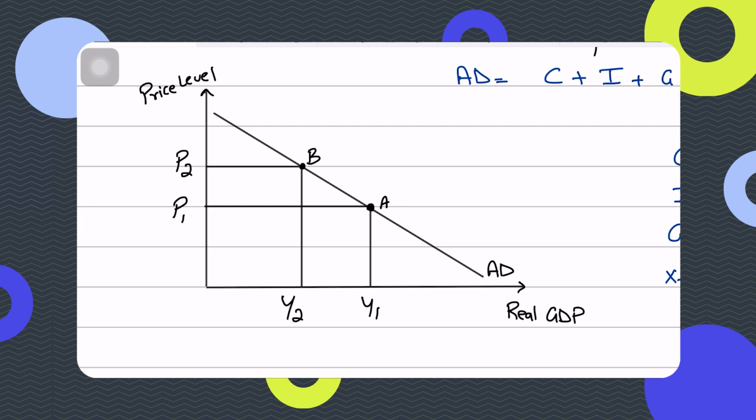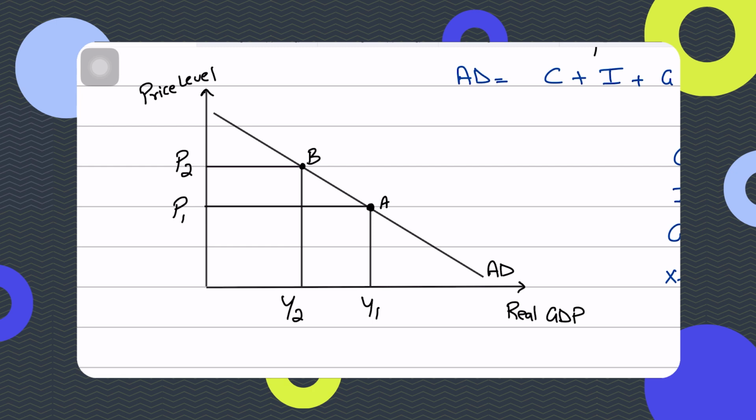And so if the general price level is going down, the real value of money is going up, which will boost the purchasing power of consumers' wealth, right? And this increase in real wealth would make consumers feel richer and will hence encourage them to spend more, which will increase the overall demand for aggregate real GDP, or the overall demand for goods and services, simply put, right?